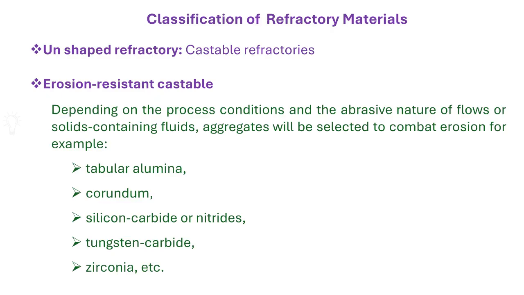Understanding these conditions helps ensure you select a castable that delivers long service life, reduced maintenance, and improved reliability in erosive environments. In short, when abrasion and erosion are the dominant failure mechanisms, erosion-resistant castables aren't optional, they're essential.